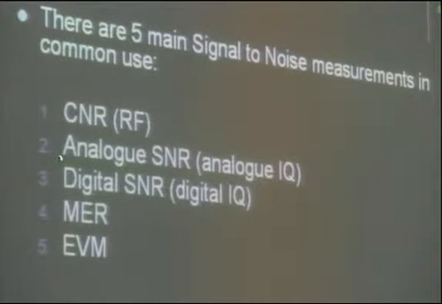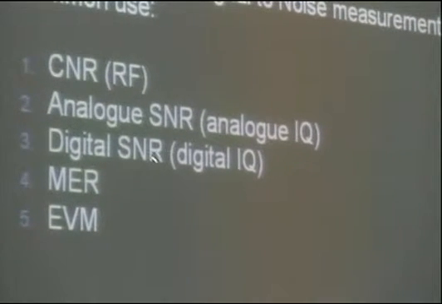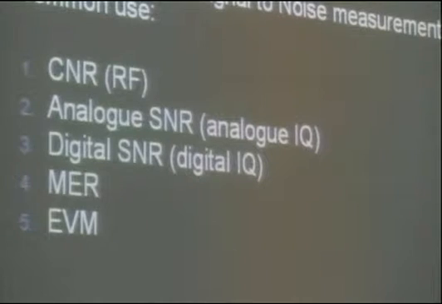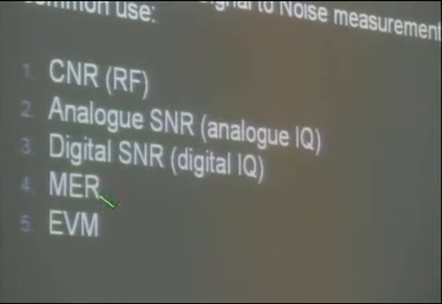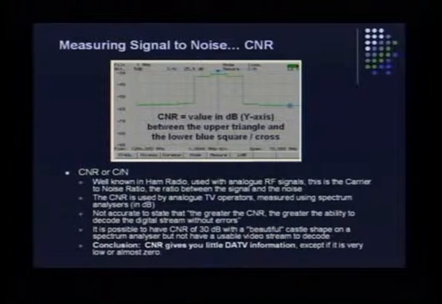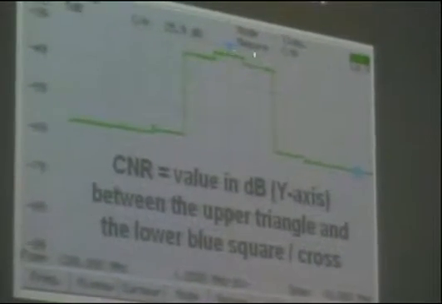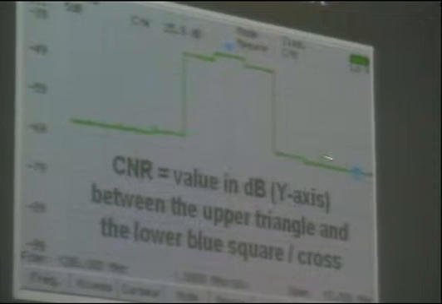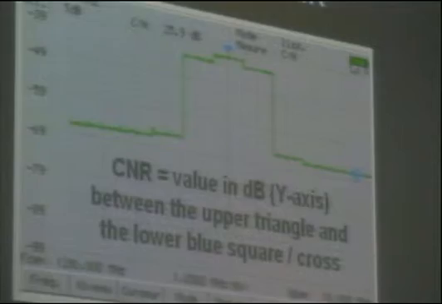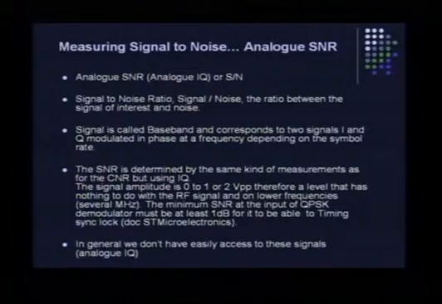We can make measures on analog SNR, analog IQ, on digital SNR, and we can also make measures about the MER and the EVM. We will see them now. CNR, you can have it with the spectrum analyzer, the difference between the top and the noise. I think we can go on.